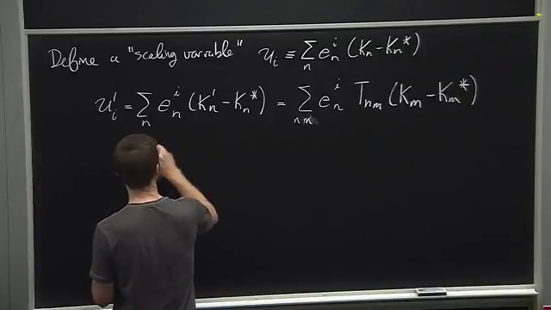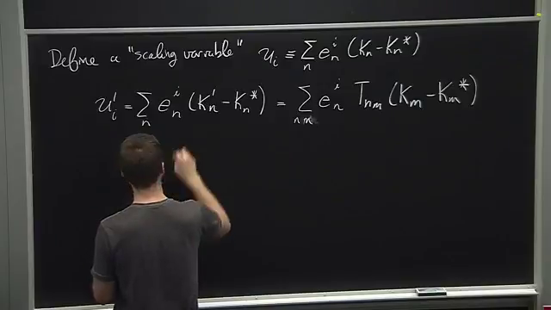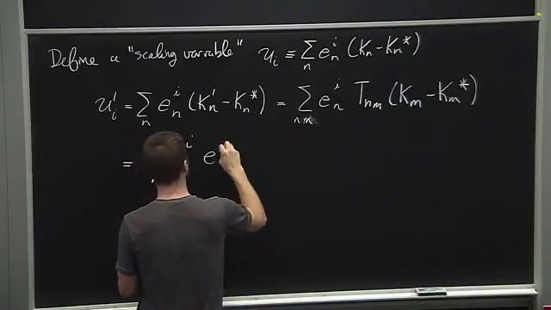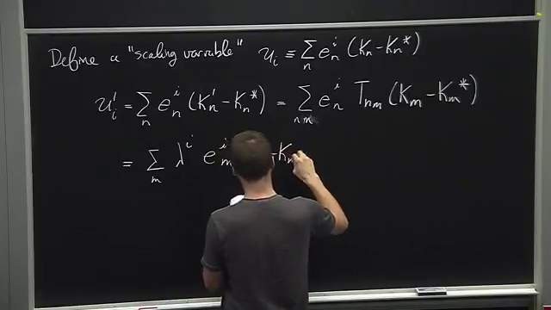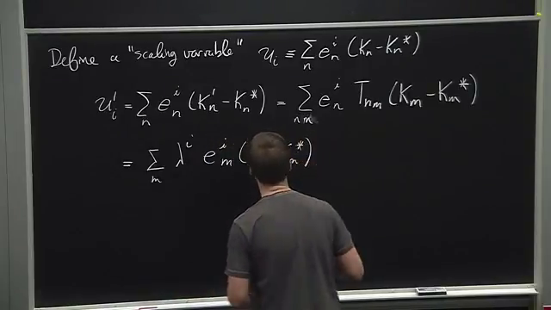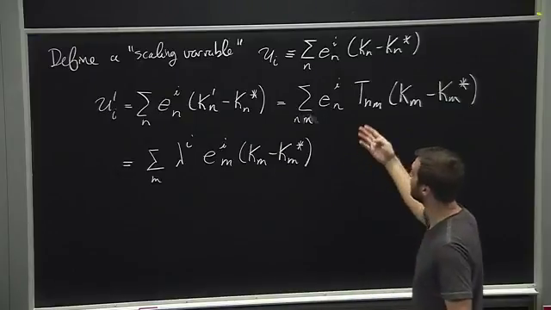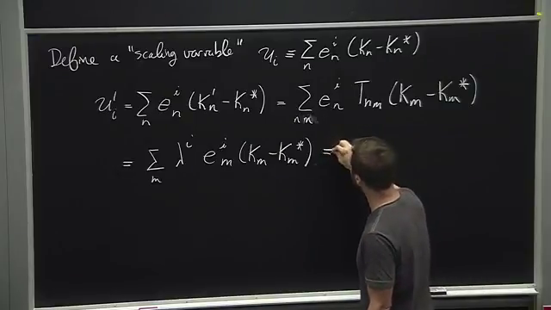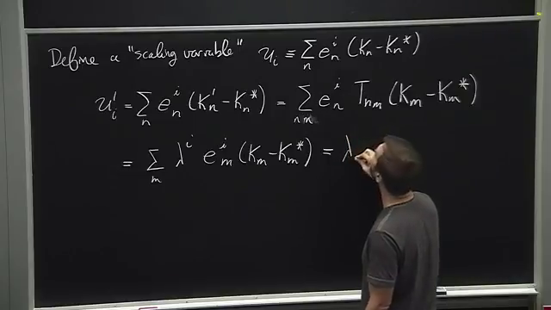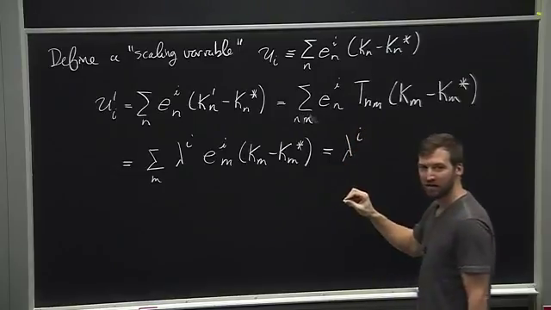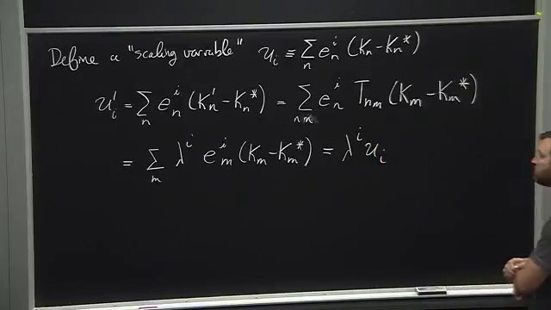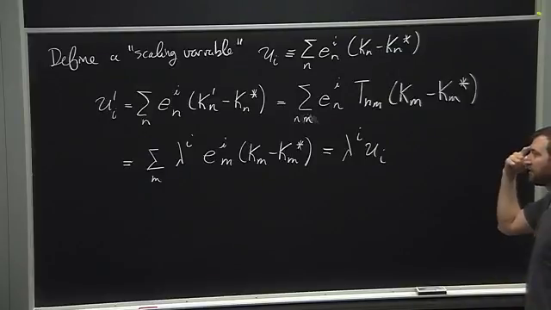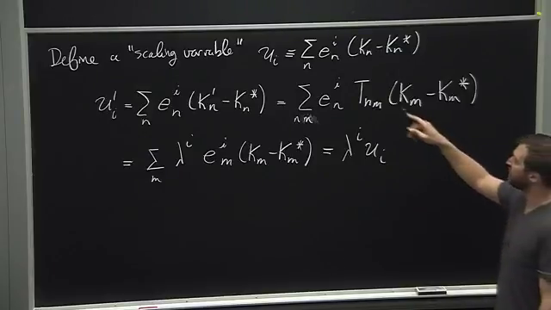Then I just have the sum over m of eigenvalue, eigenvector, K_m minus K_m star, which is just the scaling variable, right? So I just have the eigenvalue and the scaling variable. What I've done is I've just made a linear combination.